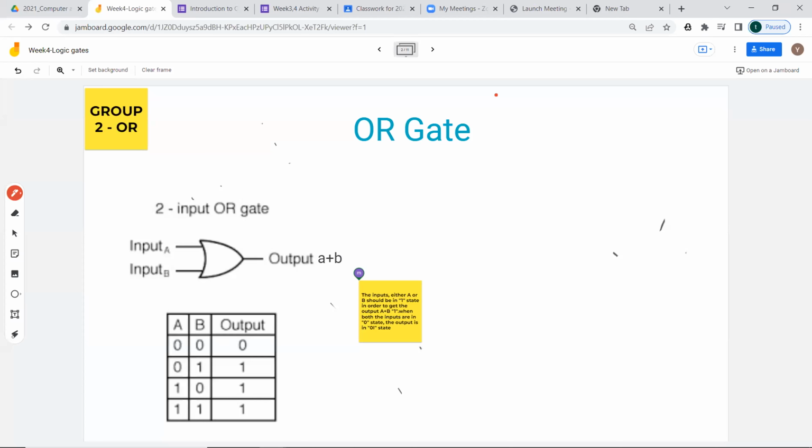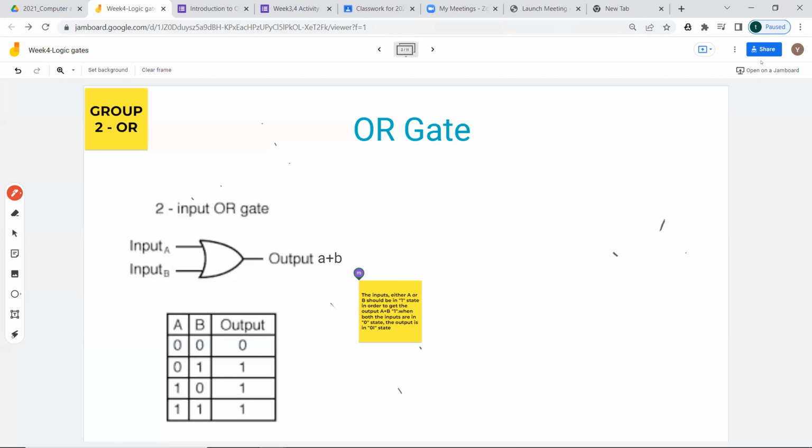Our group, this is group 2, and we have selected the OR gate. The main basic concept of the OR gate is that either one of the inputs must be in the on state, or one state, which is the true state.